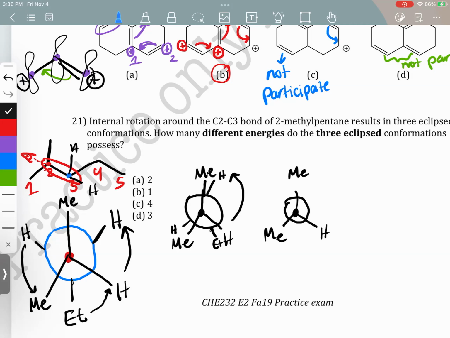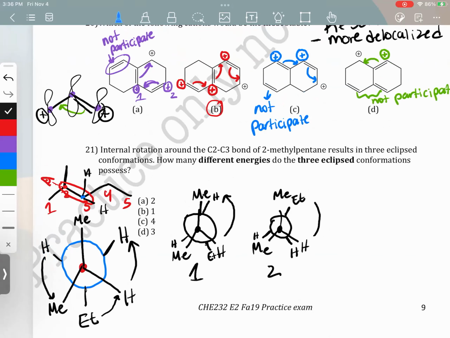So now the ethyl is close to the methyl on top. Ethyl would be here. And of the 2 hydrogens, one would be close to the methyl here. The other one will be close to this hydrogen. And see that rotation happen. So this was the first eclipsed, this is the second. Now for the third, we're going to do the same rotation. So front carbon still the same.